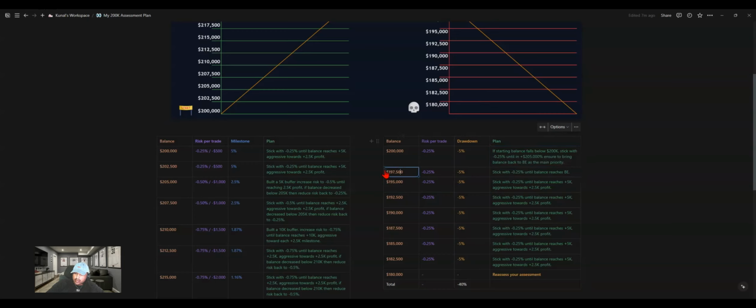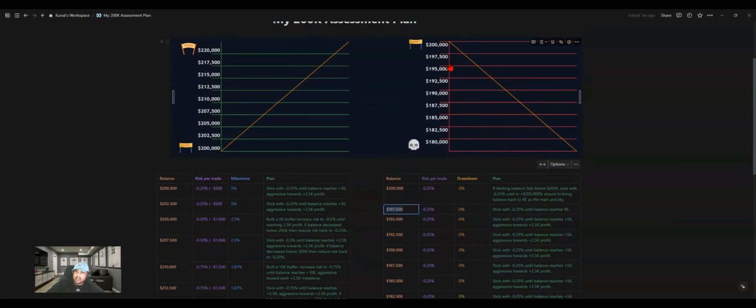Now, if I go below 197,500, I will stick with the same amount of risk throughout, but I will ensure that I work hard to aggressively get back to this milestone target, right? So how this is actually working, if I fall into each category, I will aggressively work my way back into these areas.